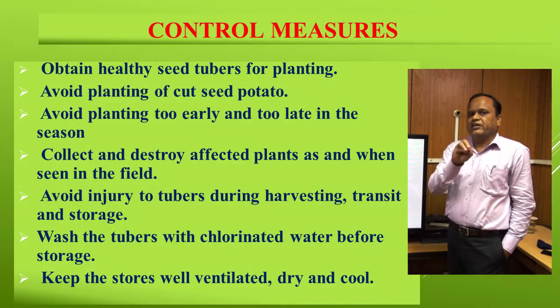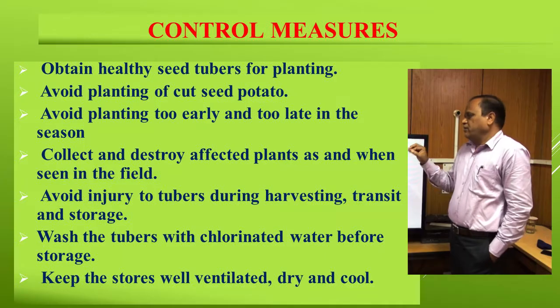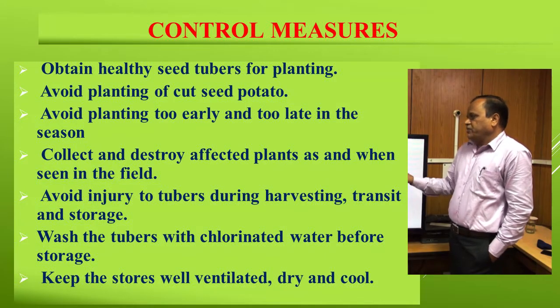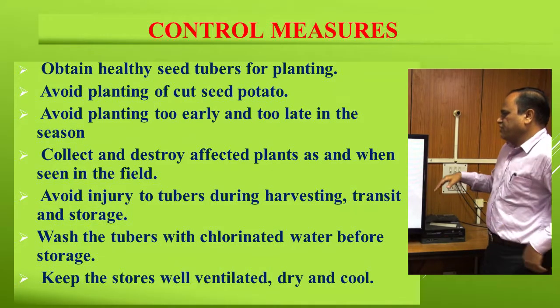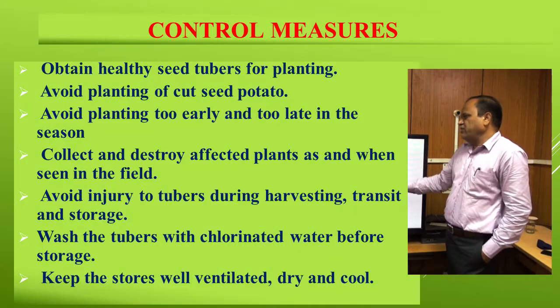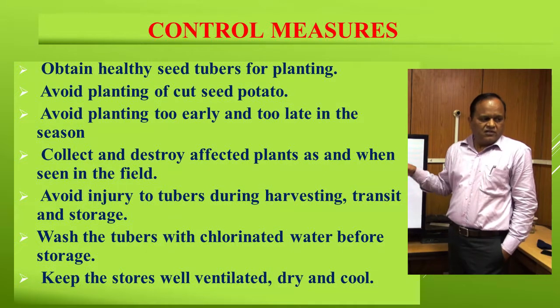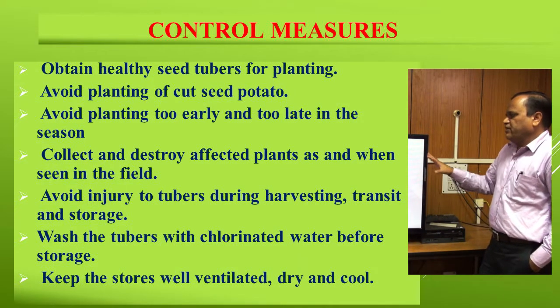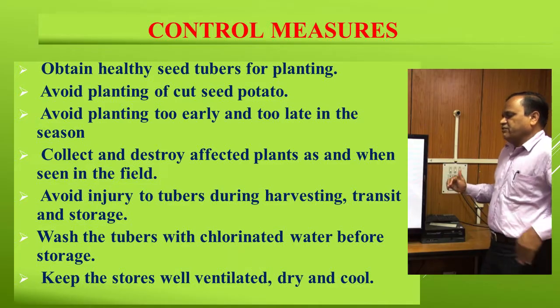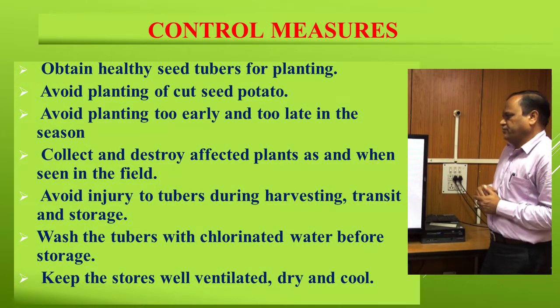That means you sow the potato seed in between. Collect and destroy affected plants when seen in the field. When you see the disease in the field, then collect and destroy the affected plant, otherwise it will spread to the healthy plants.